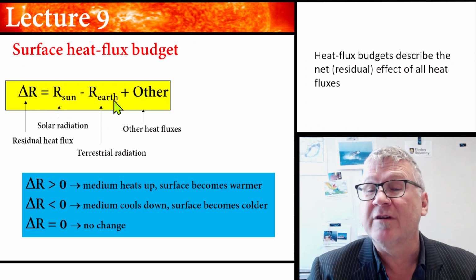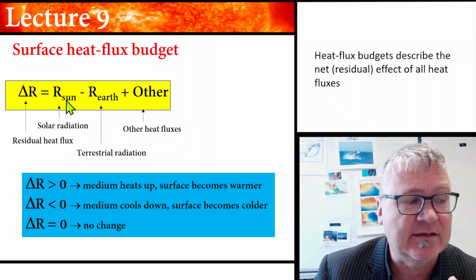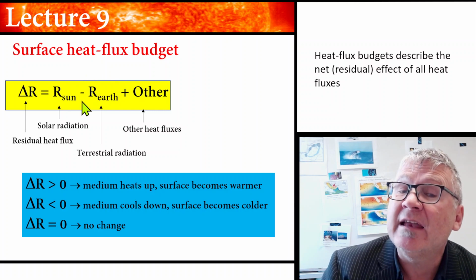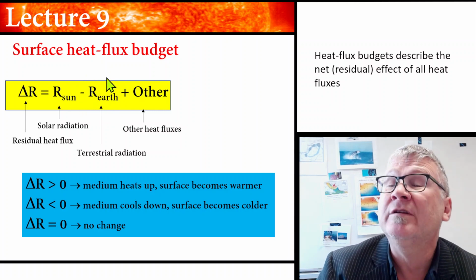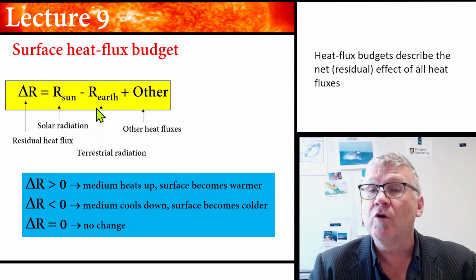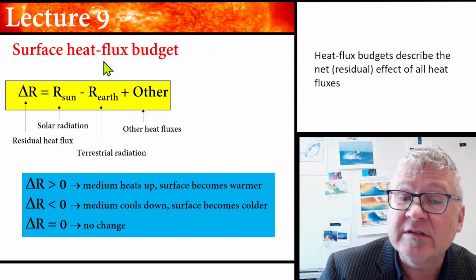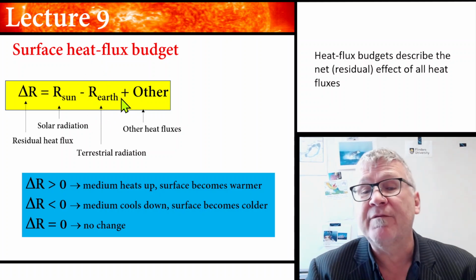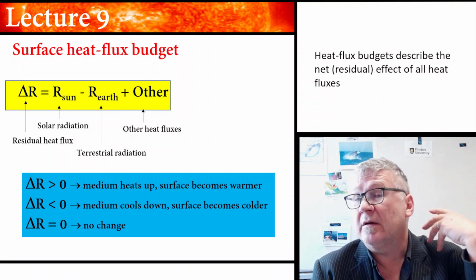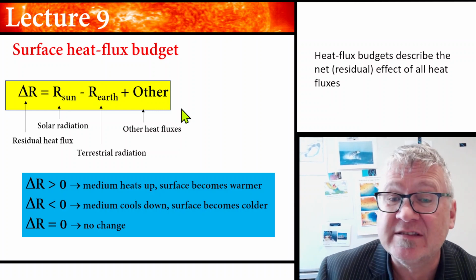So you have the terrestrial radiation, and this appears here in this equation with a minus sign, to illustrate that on its own it would induce a cooling of the surface, because the energy moves away. Okay, so this is the terrestrial radiation, plus we have other heat fluxes. For example, there can be radiation emitted by the greenhouse layer, the layer of greenhouse gases.